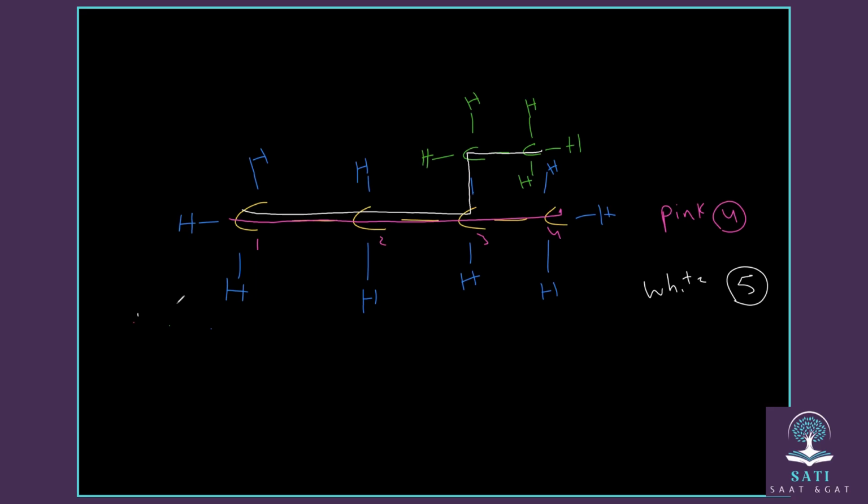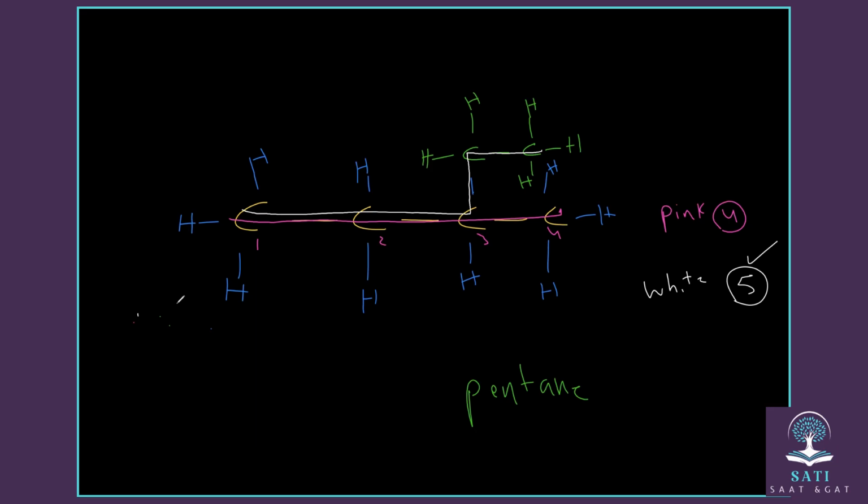So which chain is right, the pink or the white? The white is right, since it is the longest chain. How many carbon atoms is it? 5. So this compound is mainly a pentane. But when I say pentane, I just named the carbon atoms that are on the white line.